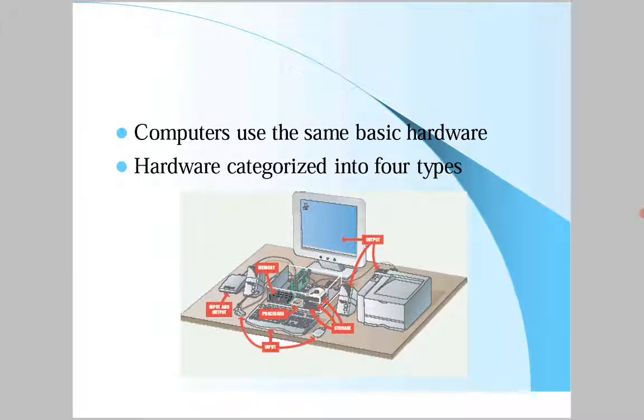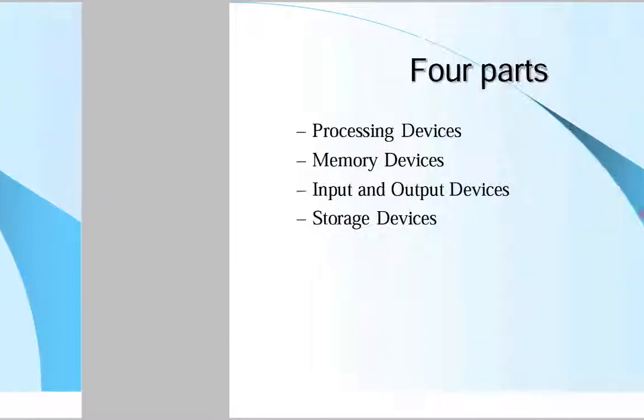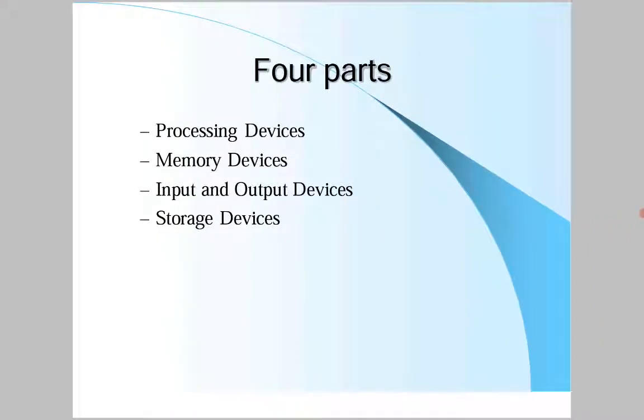Computers use the same basic hardware, meaning electrical, electronic, mechanical devices, and generally hardware comes in four parts. What are the four parts or components of hardware? Processing devices, memory devices, input output devices, and storage devices.